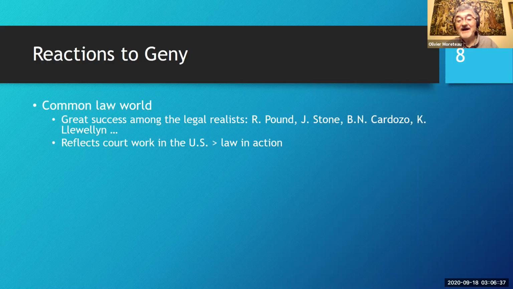Roscoe Pound, Julius Stone, Cardozo, Wellin have abundantly cited the thinking of Geny, criticizing the formalistic approach and saying, look, the French got it. And say that you have to rely on economic and sociological sources in judicial law-making. It's actually law in action.